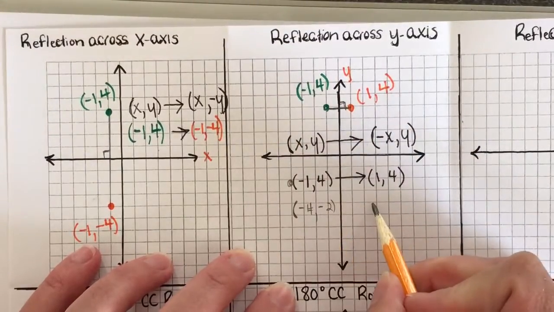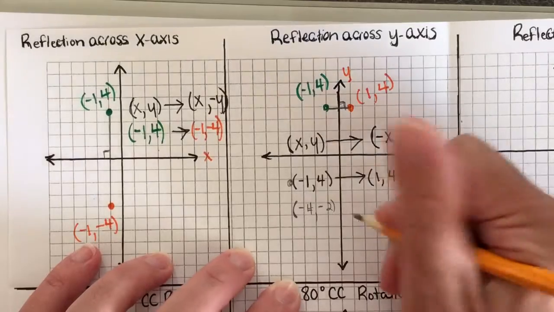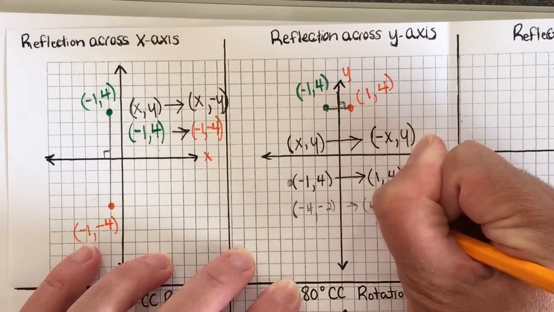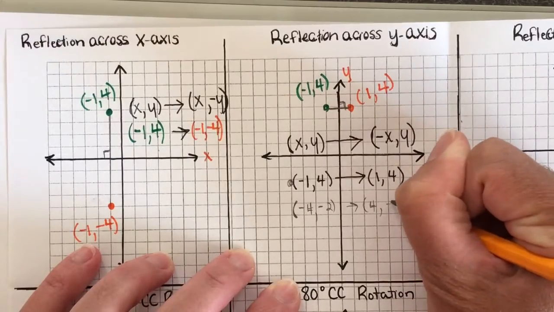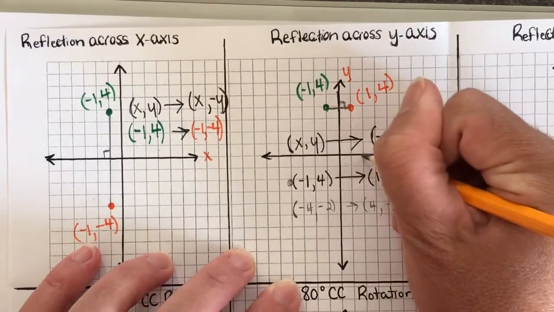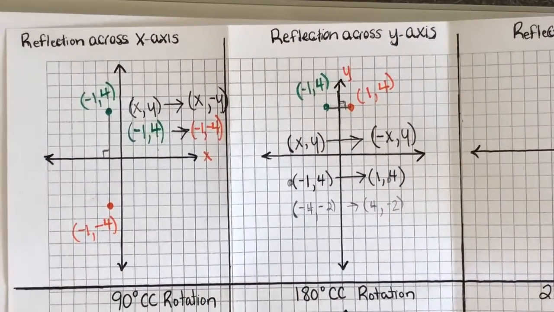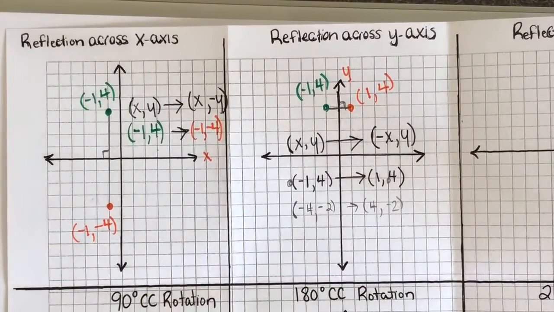So if I apply the rule, so the rule is opposite x, so +4, same y, so -2. So I'd be located right here. Okay? So you can always apply it and see if it's working, but it is for sure.